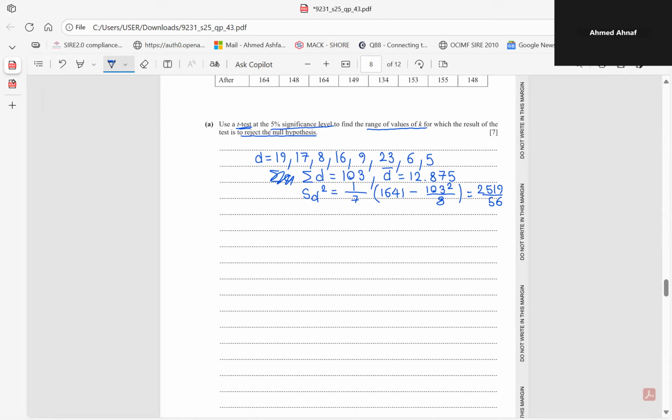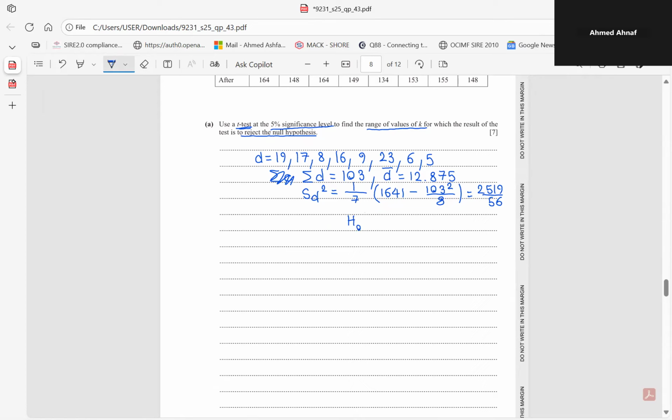Now we can find our test statistic. So T is gonna be D bar, that's 12.875. Okay, never mind. Let's define our null and alternative hypothesis now.